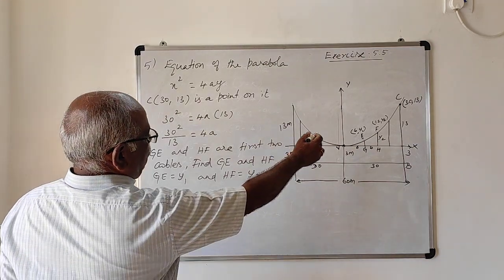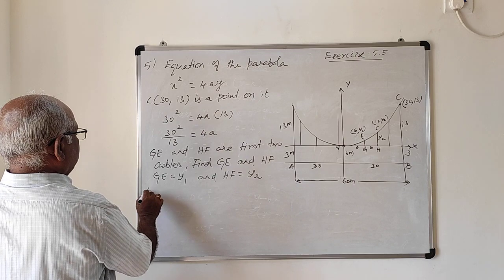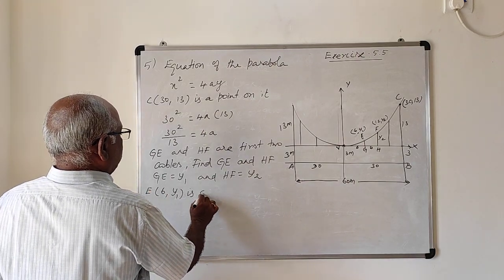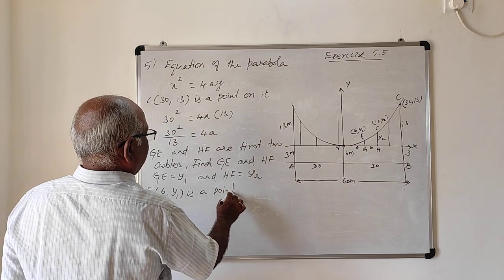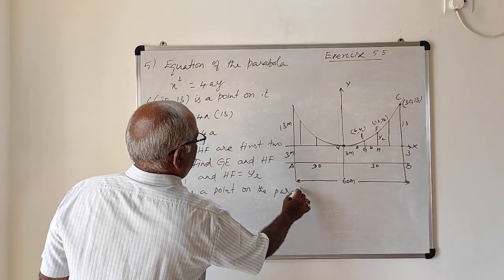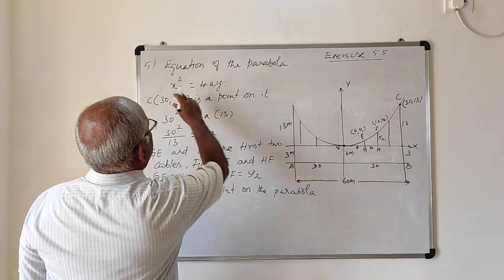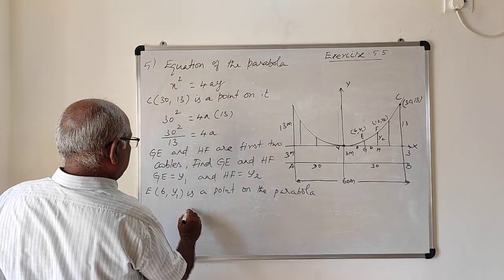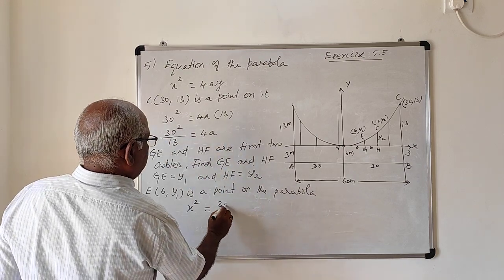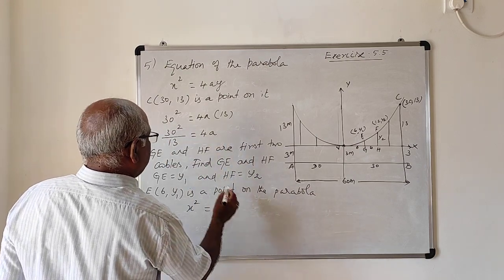First, E is (6, y1). Substitute: (6, y1) is a point on the parabola x squared equals 4a y, where 4a is 30 squared by 13.